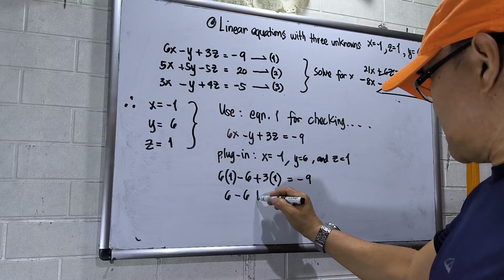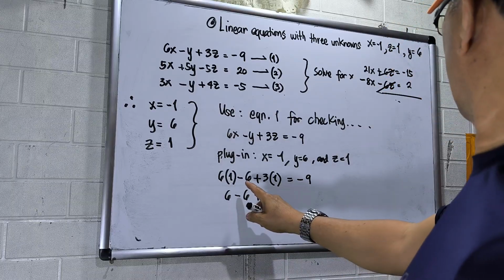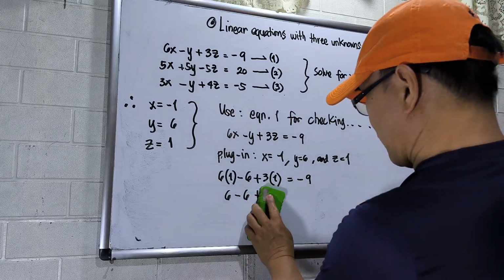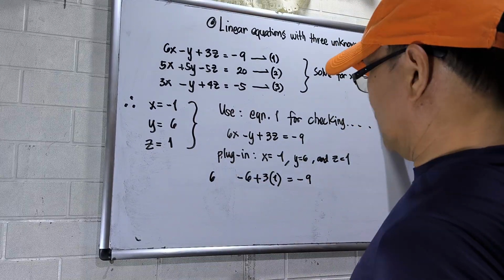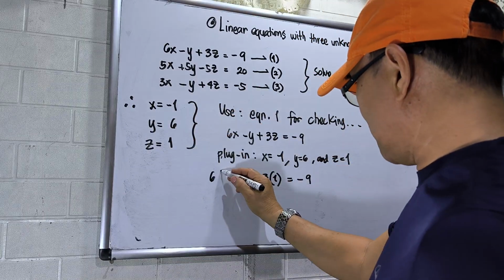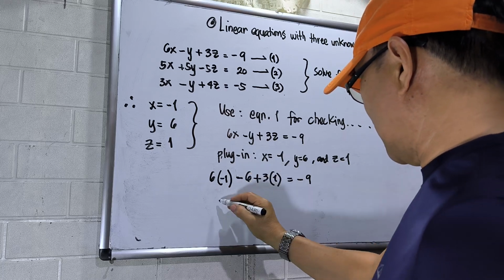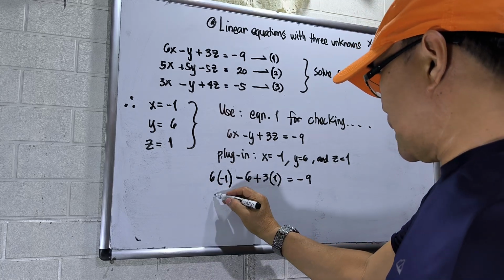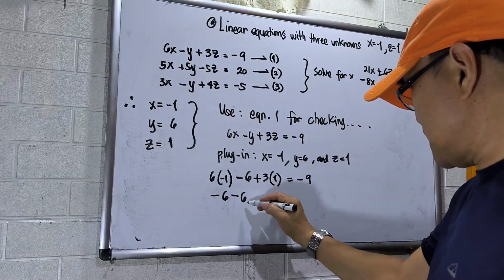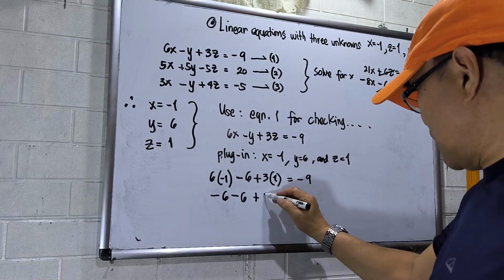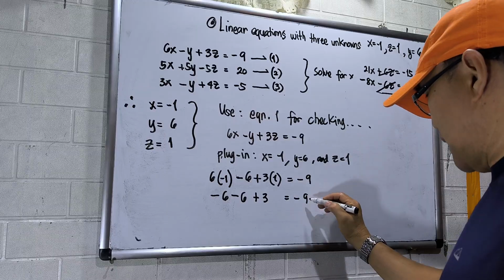Wait, x is negative 1. Sorry, this is negative 1. I was surprised. Okay, 6 times negative 1, that will be negative 6. Then this will be negative 6. Then 3 times 1 is 3, is equal to negative 9.